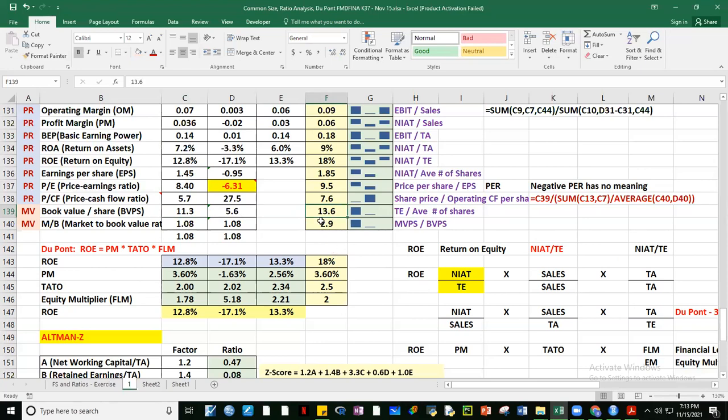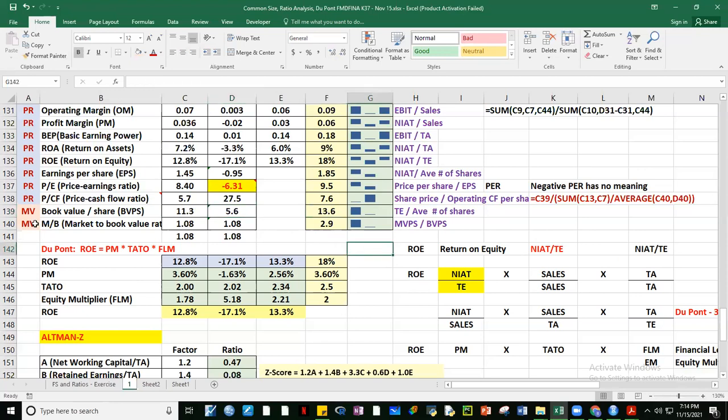Mas mataas yung value ng equity nila for every 1 share. No? So mas mataas yung equity nila for every 1 share as the formula suggests. Tayo 11.3, si 13.6. Nag-recover na nga tayo kasi dati noong 2020, 5.6 to.